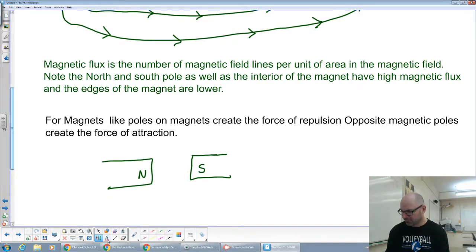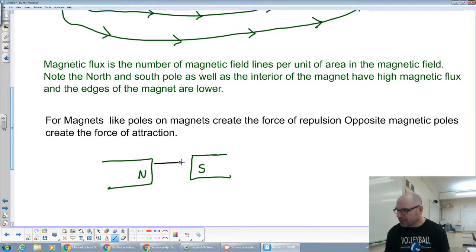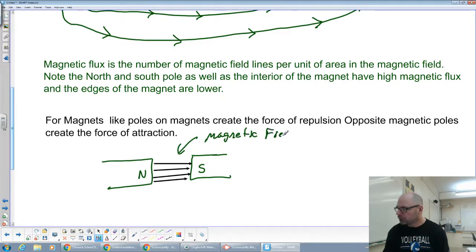So we see magnetic field lines, drawn with an arrow, and we see attraction.